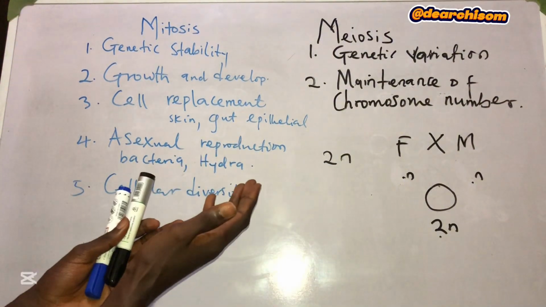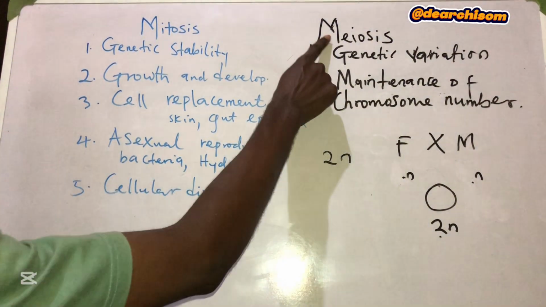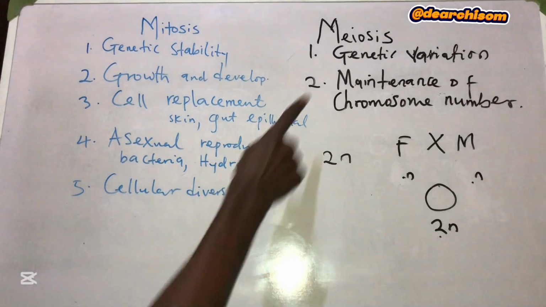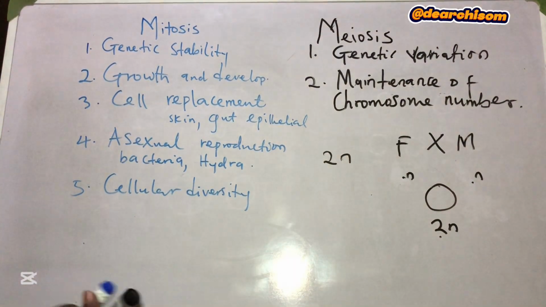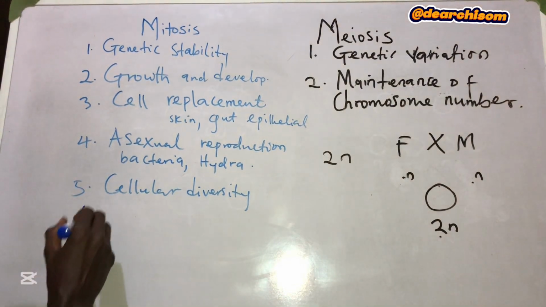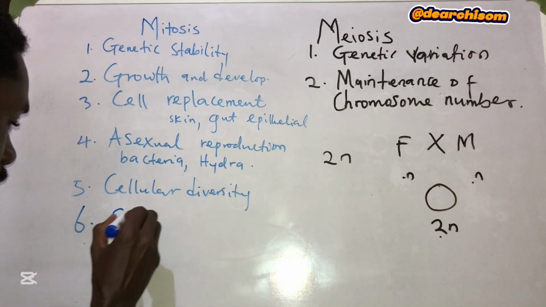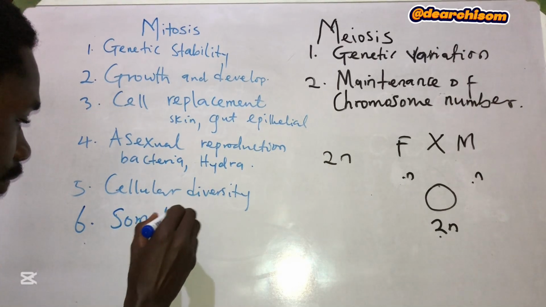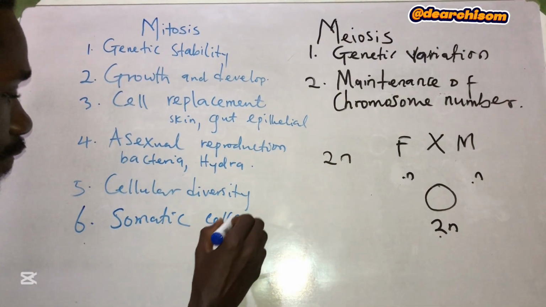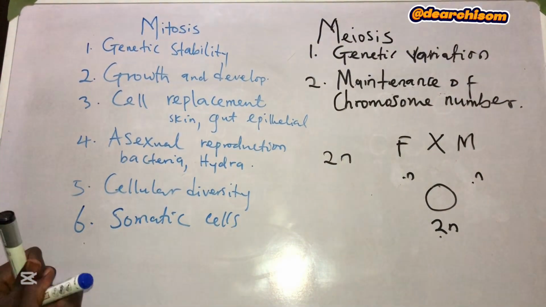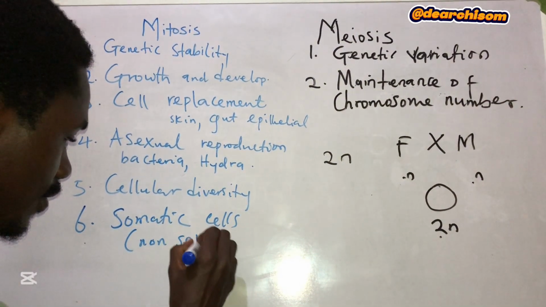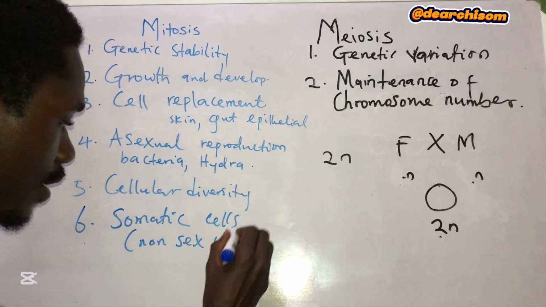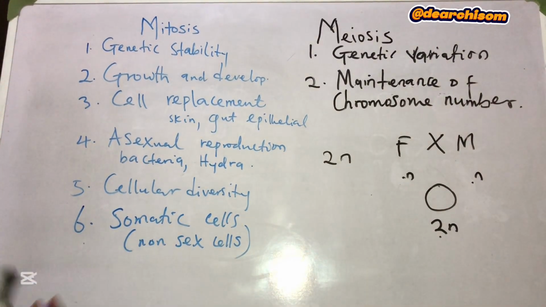So this means that meiosis happens in gametes, while mitosis happens in somatic cells. I think we need to include that. Mitosis occurs in somatic cells, cells that are not sex cells, non-sex cells. So the liver cell is a somatic cell.